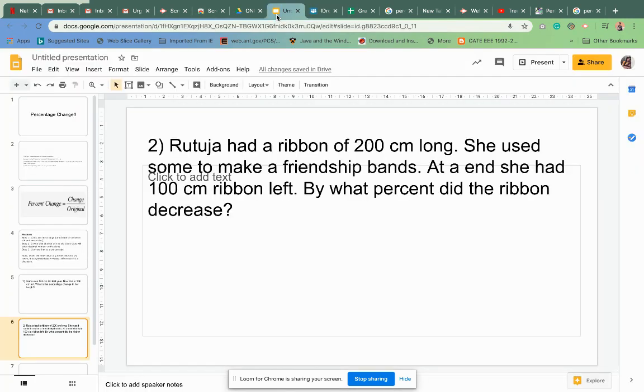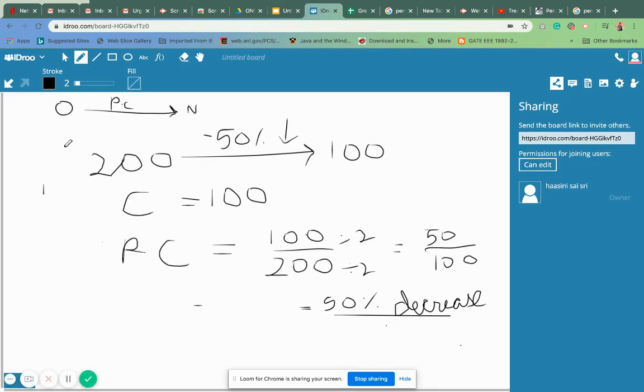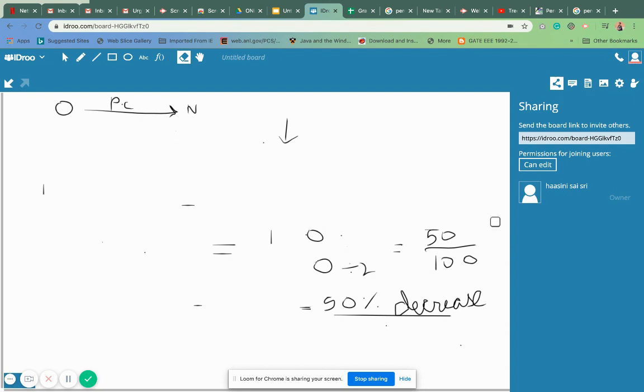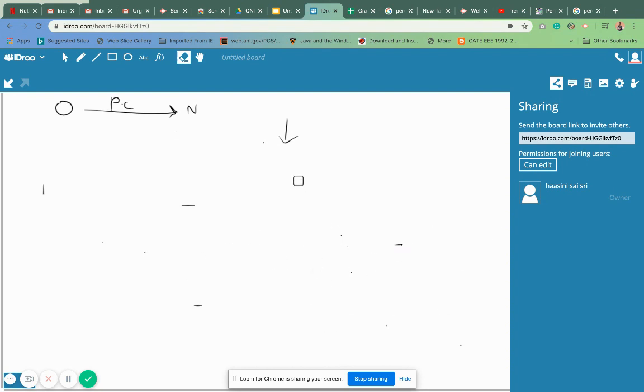Now I'll quickly revise what we learned. We learned that there is an original value and there is a new value or a final value. And the original value undergoes the percentage change, and that's why I'm getting new value.